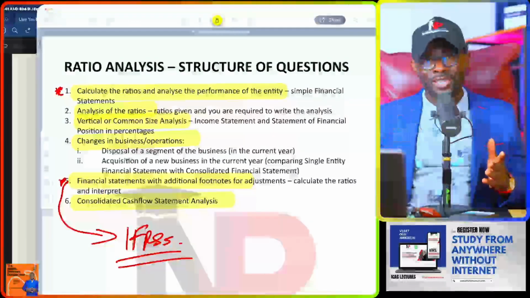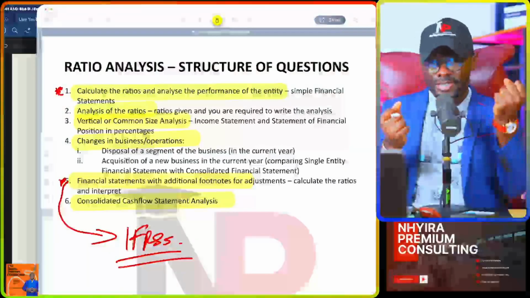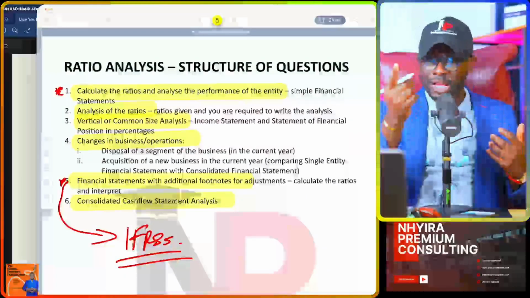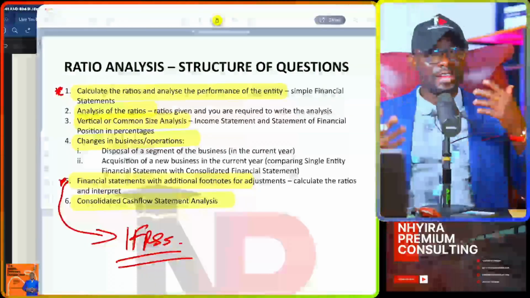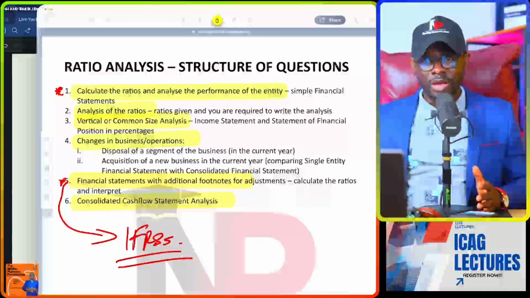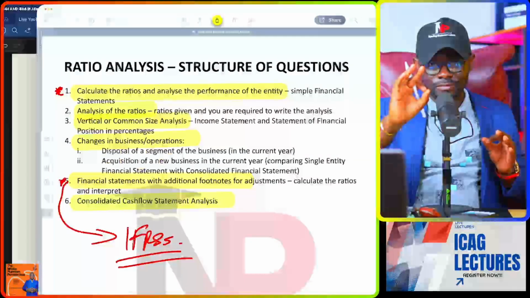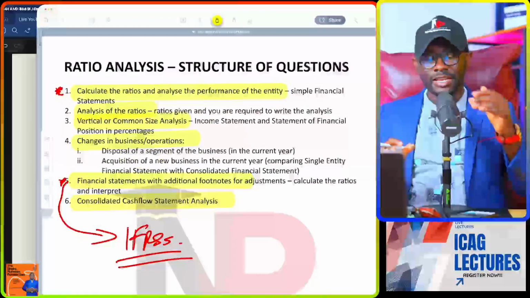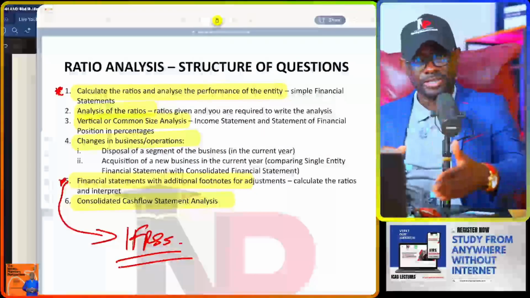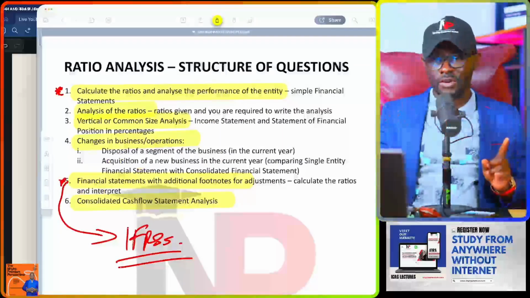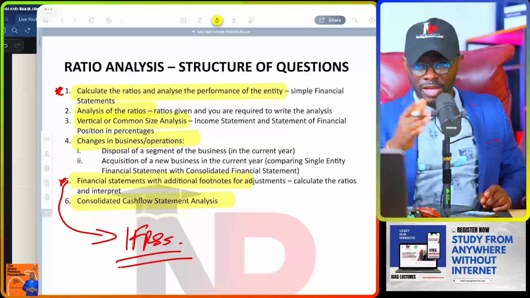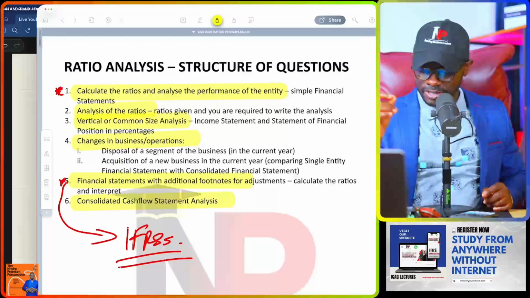If not, you get to the exam hall, you have studied your ratios, you have chewed baba on some of the ratios and the calculation, but if you are not familiar with the styling of the questions, you're going to walk away from that question with au revoir mon ami, Zokbo. And that is the first thing I want you to understand, the styling of the question. So one of these is waiting for you in the exam hall. That's the first thing I want you to be mindful of as we get into this discussion.